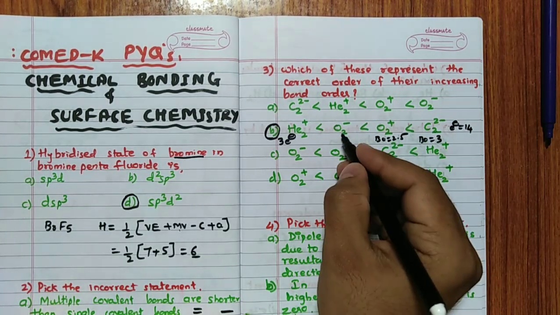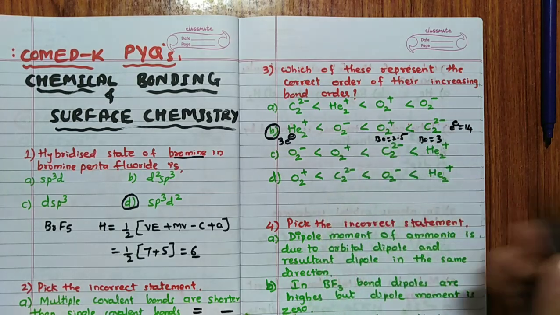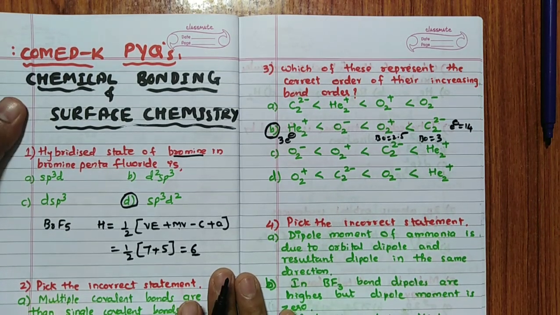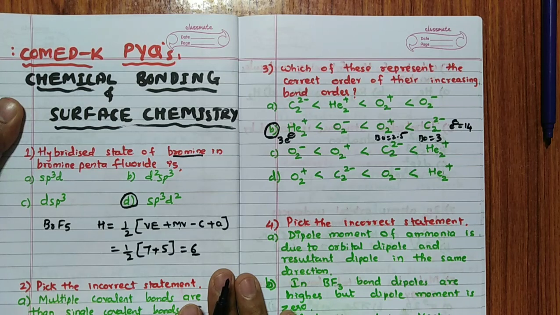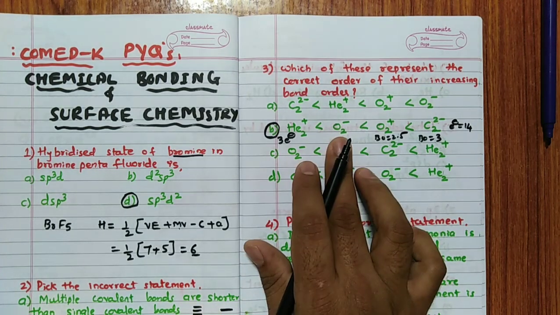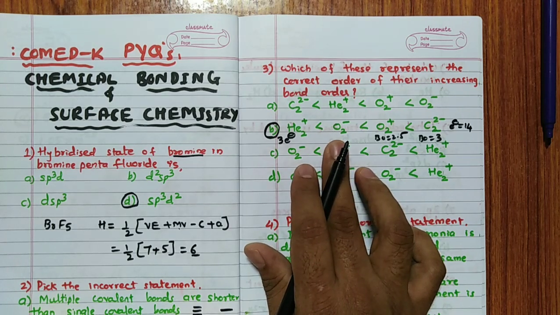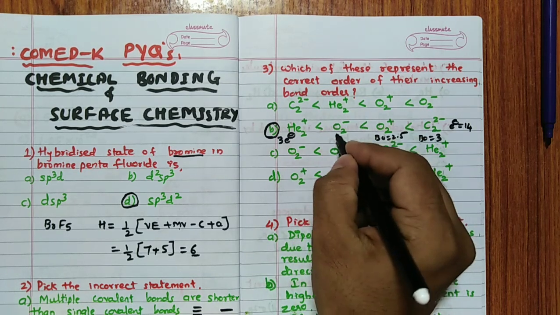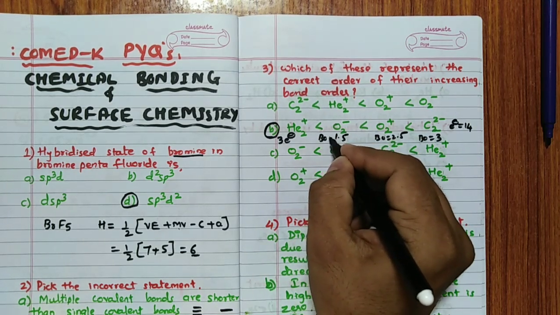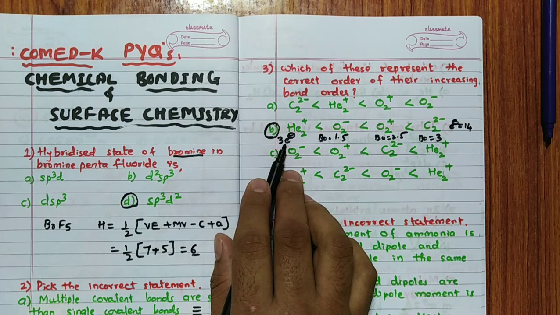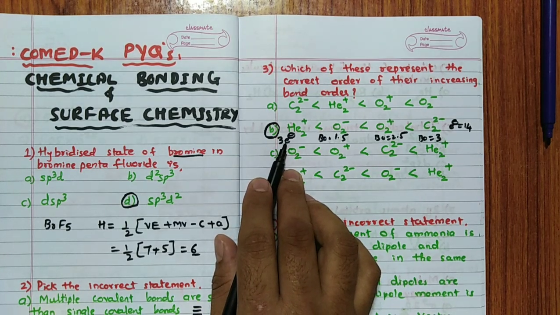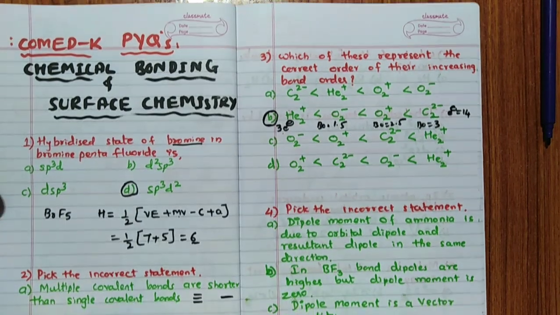O2 minus, it is 17 electron system, 10 minus 7 divided by 2, 3 by 2, 1.5 will get bond order. So this definitely here you are going to get it as 0.5, right? So hence the answer for this question is B.